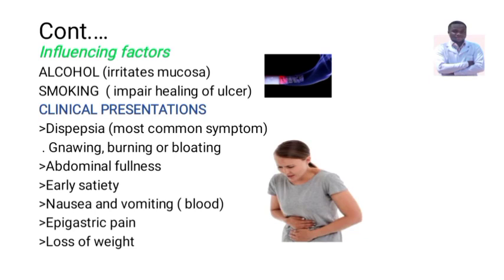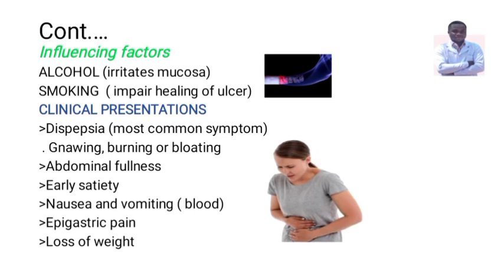We will see the differences between duodenal and stomach ulcers in how abdominal fullness works. Satiety is the same, and also nausea and vomiting of blood. These are mostly seen in patients with an ulcer that has deep ulceration of the mucosal lining.